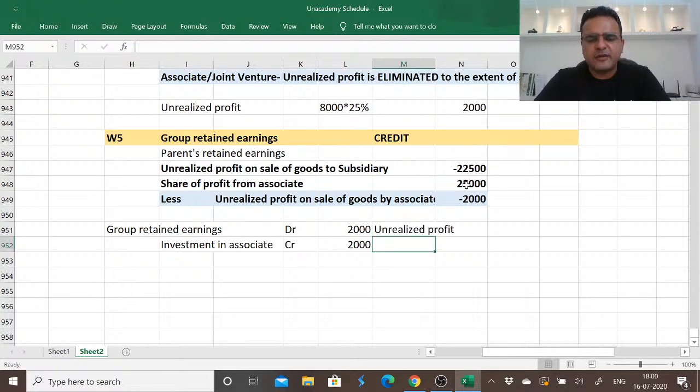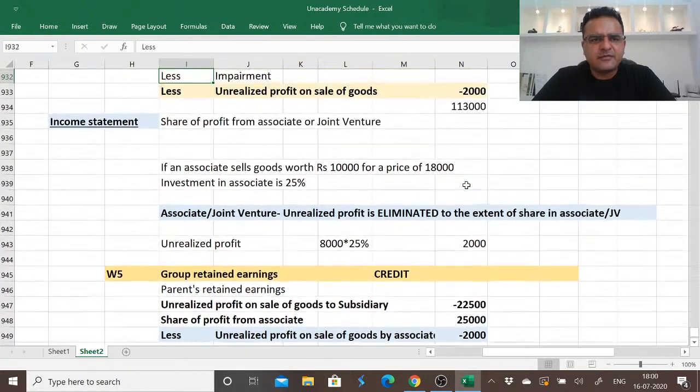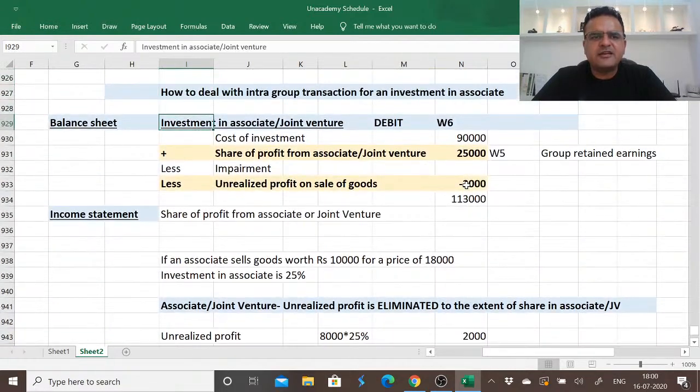This applies for sale of goods by an associate to subsidiary, or vice versa, because even if parent sells to associate, that profit will be in the group retained earnings, and that inventory will be in this single line presented, investment in associate. Though we are presenting it in a single line, that inventory is within investment in associate plus share of profit in this equity accounting.